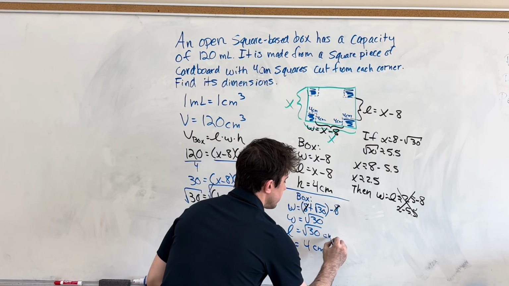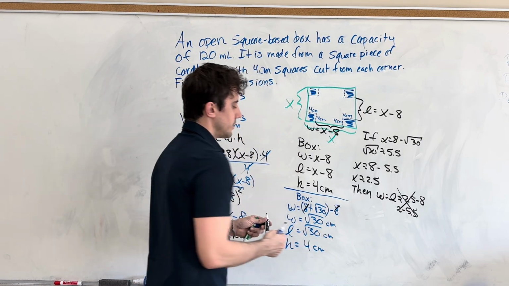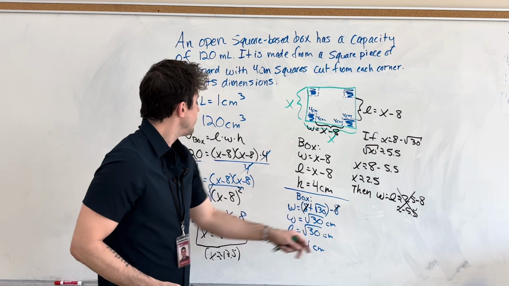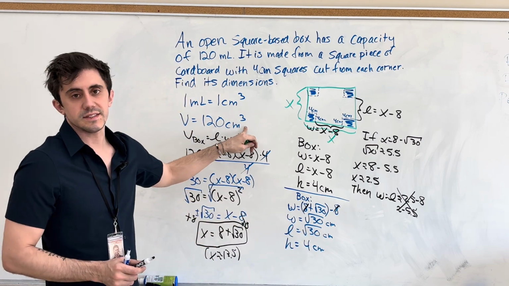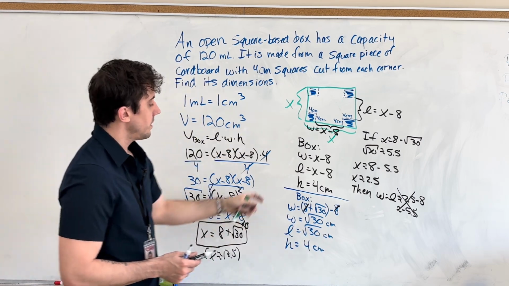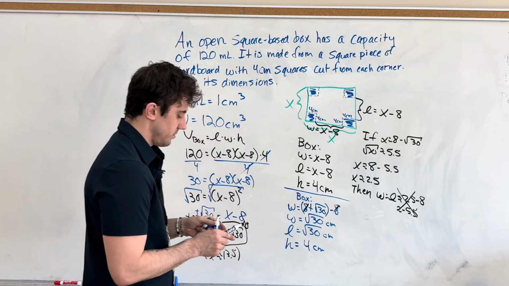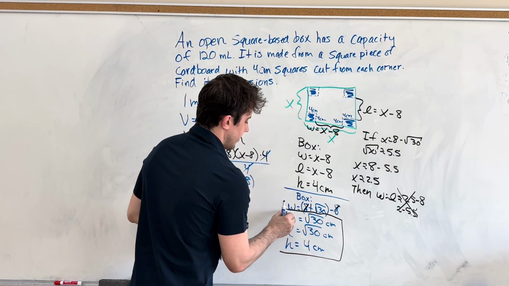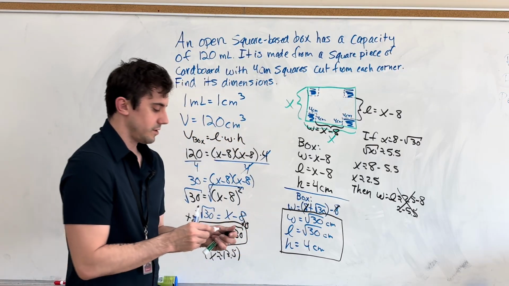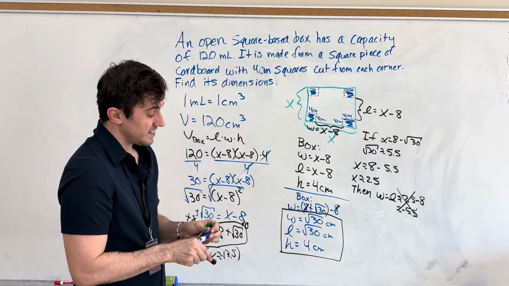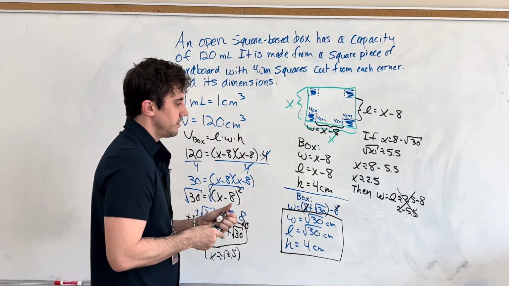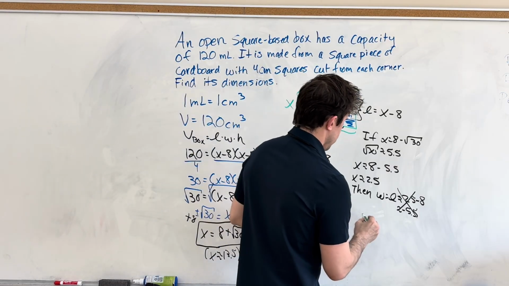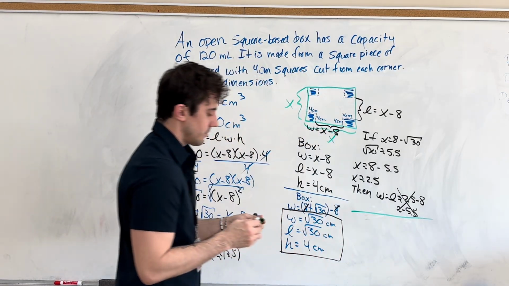We should include our units here. We know our units for the dimensions are centimeters because our volume is in centimeters cubed. And so here are our 3 dimensions for the box. We can easily check that to make sure we haven't made any silly errors along the way.